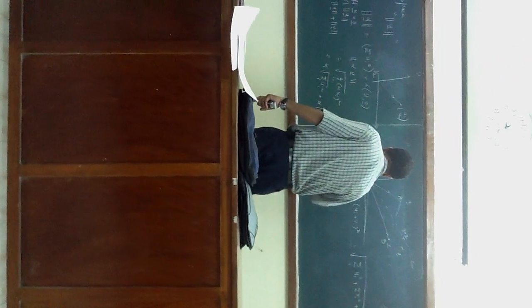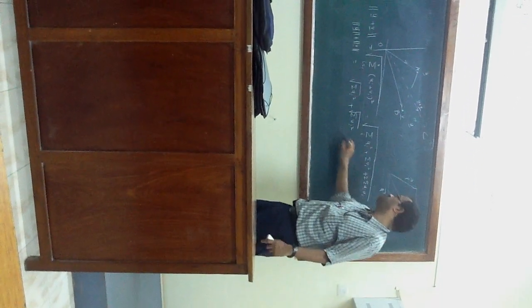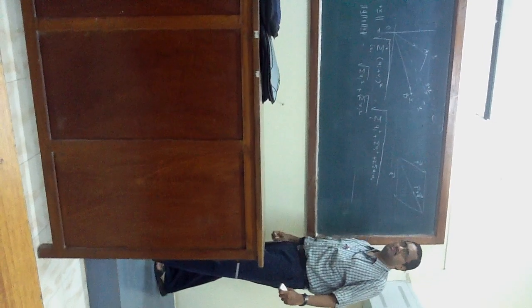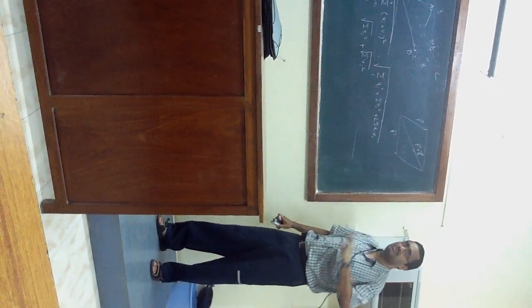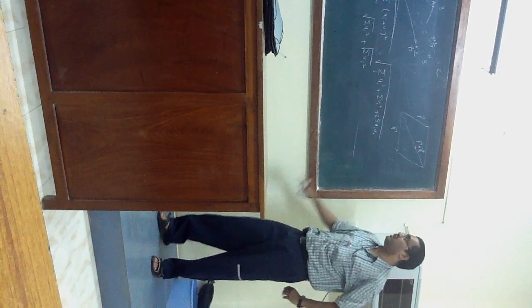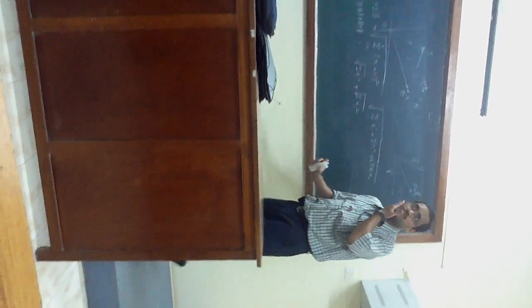Now norm of u plus norm of v is summation ui square to the power half plus summation vi square to the power half. So is it possible to prove that this quantity is bigger than this? That's what I was asking for the proof. How to prove it?